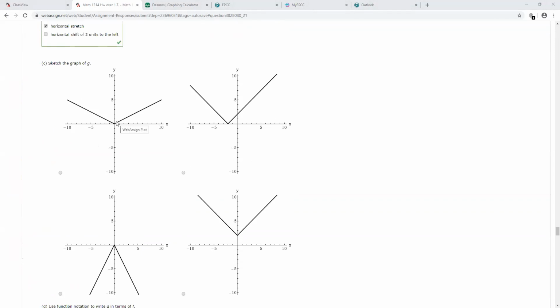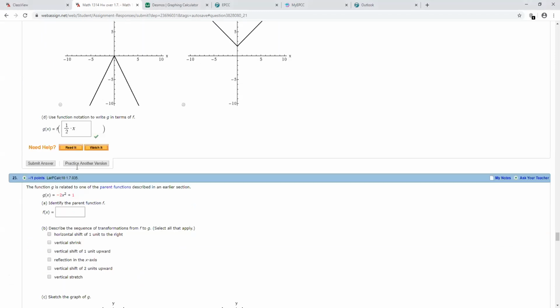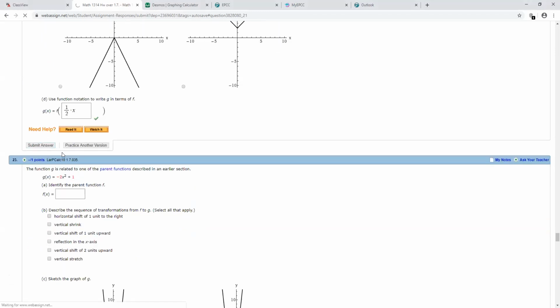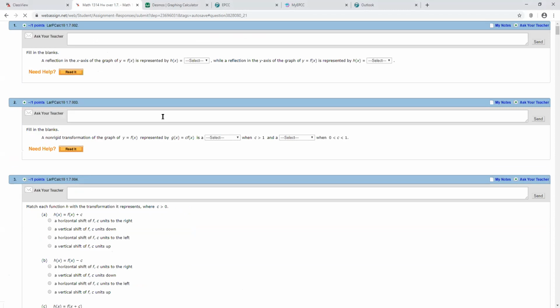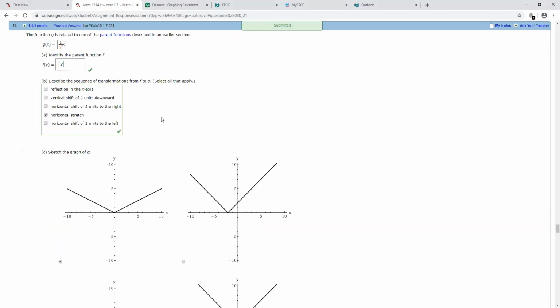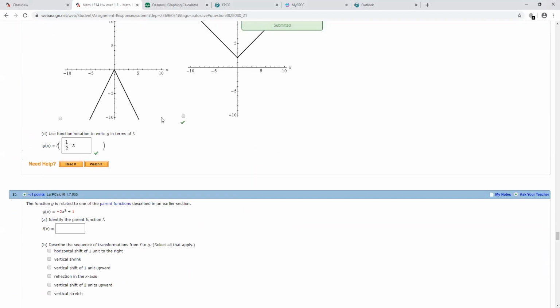So the original graph would have been inside here, and those points got stretched out away from the y-axis. Is that okay? Megan, is that okay? Yes. Okay. So I hope it starts to make sense. And let's go on.